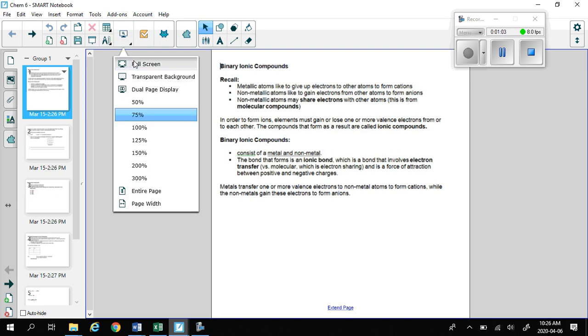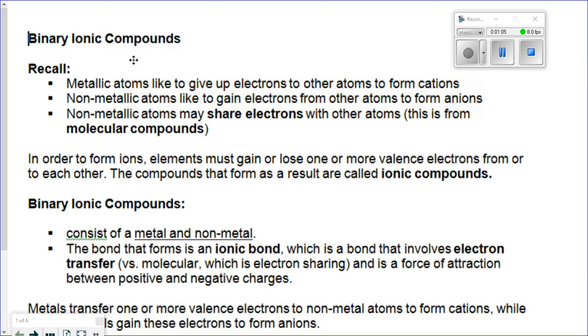What a waste. So CA6 in your notes package, please have your periodic table out as well. So binary ionic compounds. We'll do the recall part first. In CA5, metallic atoms, so that's things below the staircase, like to give up electrons to other atoms to form cations.